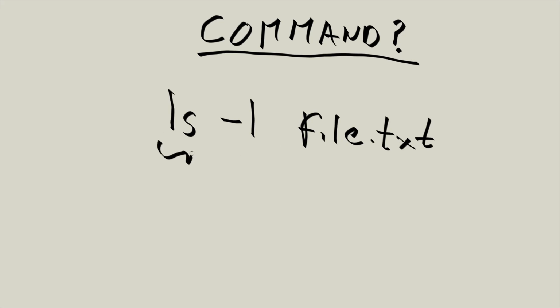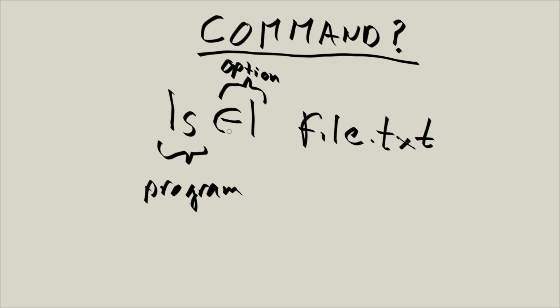So the ls is the program. The L is the option. And you will recognize options by the dash right here. And file.txt is the argument.